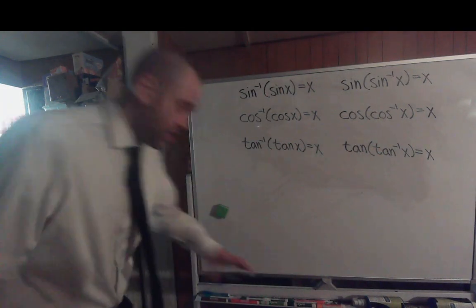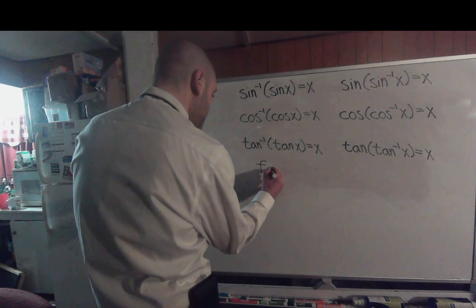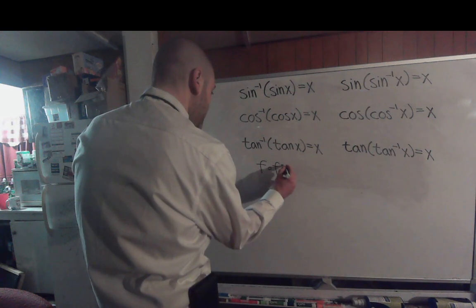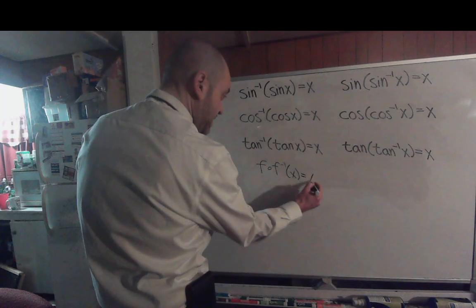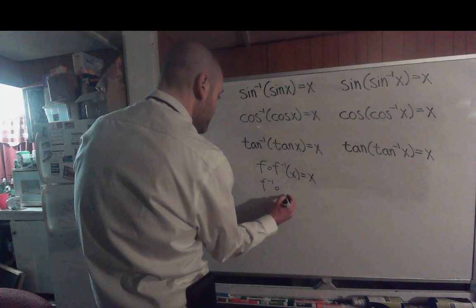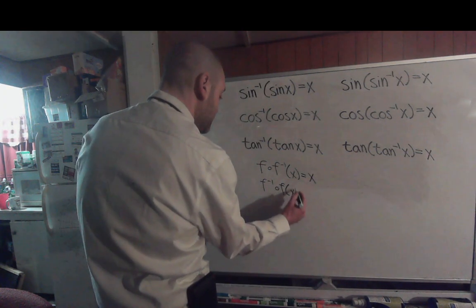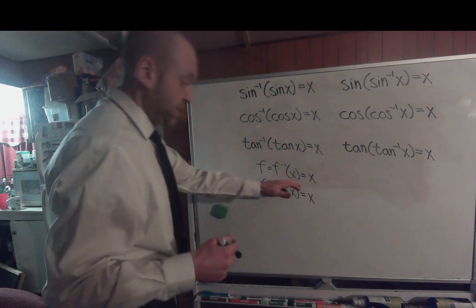So in general, if we take f composition of f inverse of x, you should just get x, right? And likewise, if I take f inverse composition of f of x, I should also get x, right? So I should get back whatever's inside.